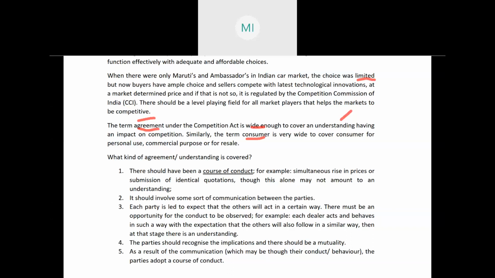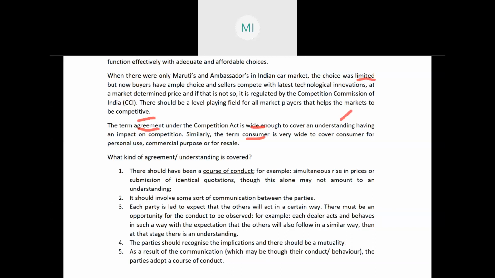So what kind of agreement or understanding is covered? We have to see what is the course of conduct. Just try to understand the situation. Suddenly, there can be a simultaneous increase in the prices of a product.